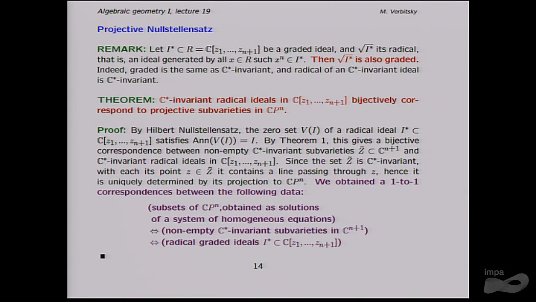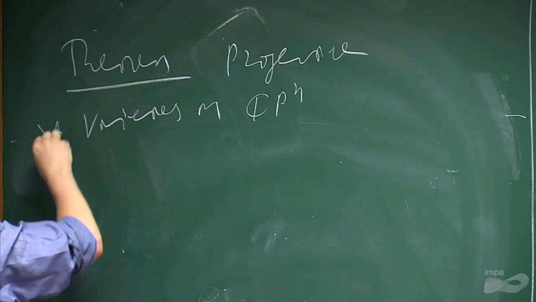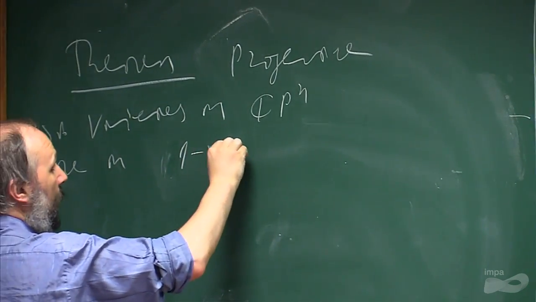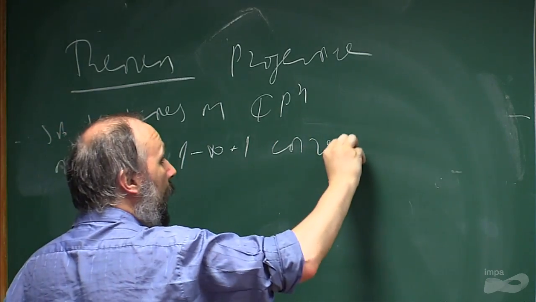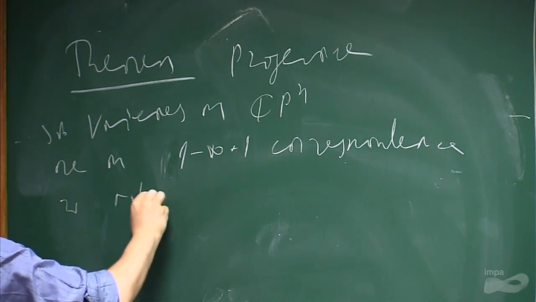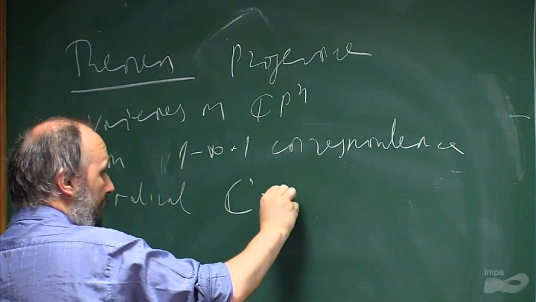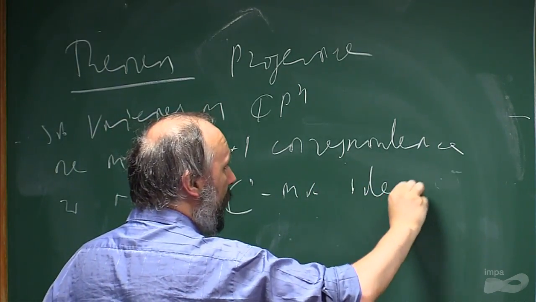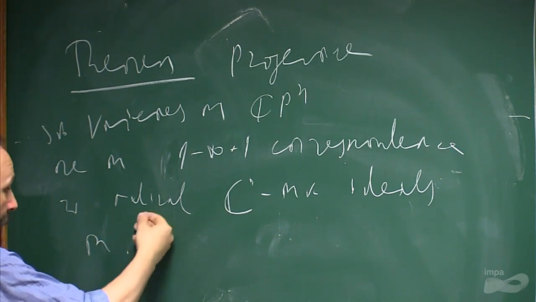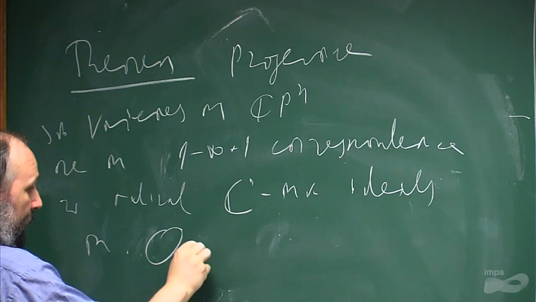Projective varieties in CP^n, subvarieties, are in one-to-one, bijective correspondence with radical C-star invariant ideals, and the same as graded ideals, of course, in O of C^(n+1).